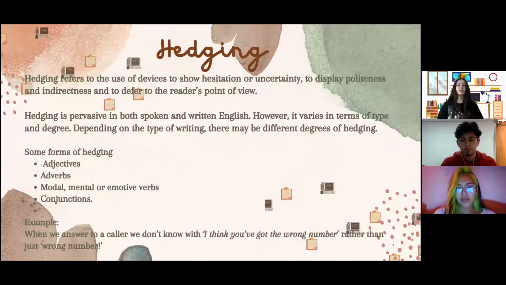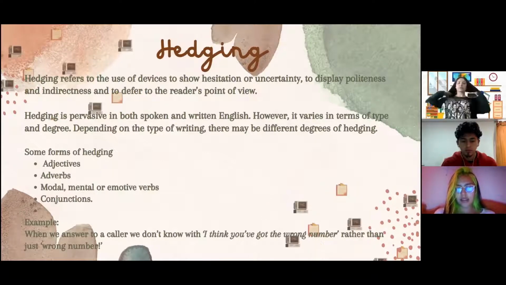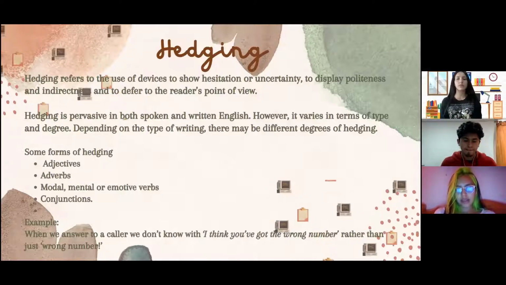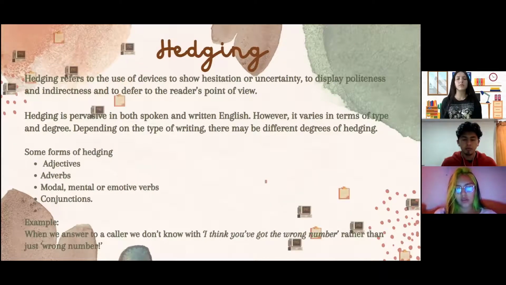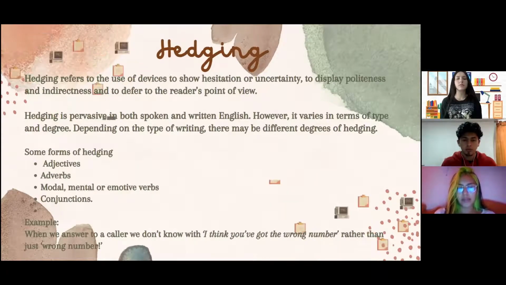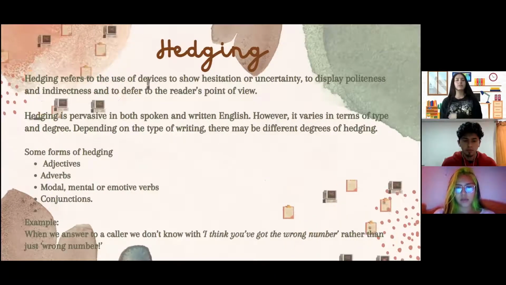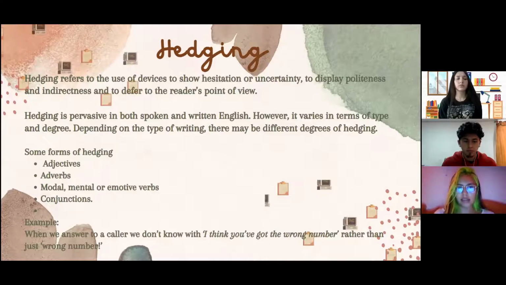Okay, now we have hedging. This is used to give a soft intention to the sentence. We can use it in academic texts and specific contexts. It's also used to express ambiguity, probability, or indecision. This is perceived in both spoken and written English. However, it varies in terms of type and degree.